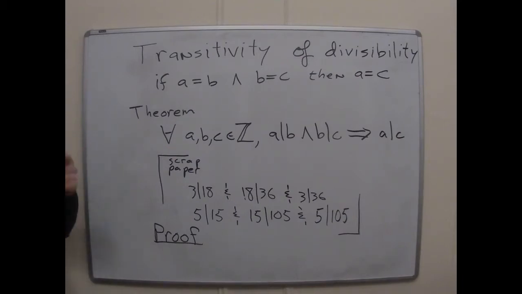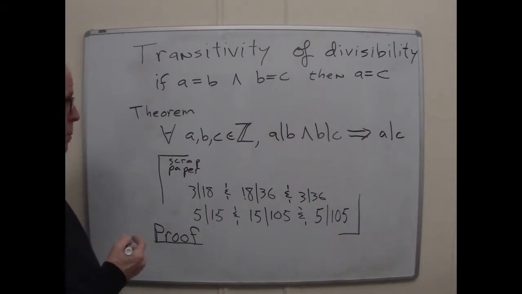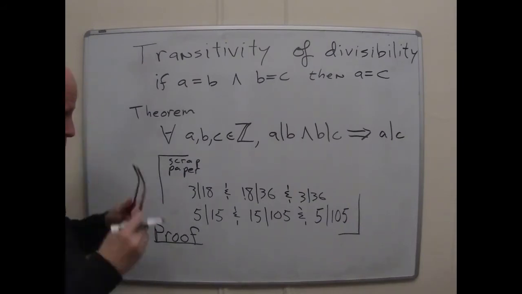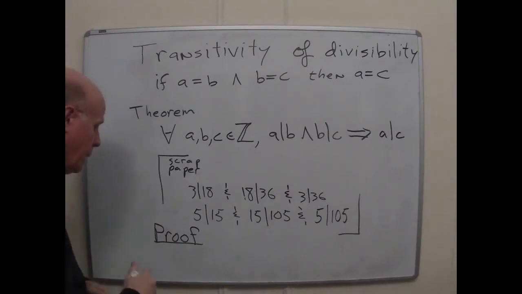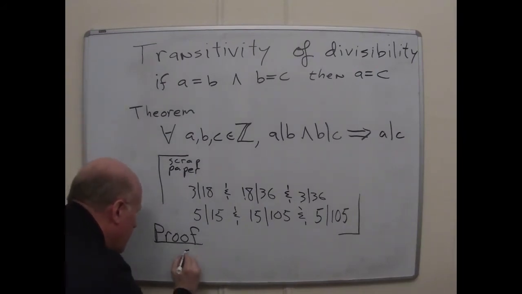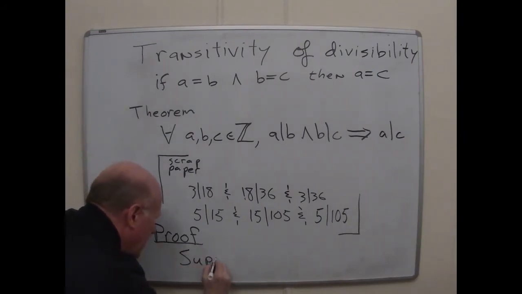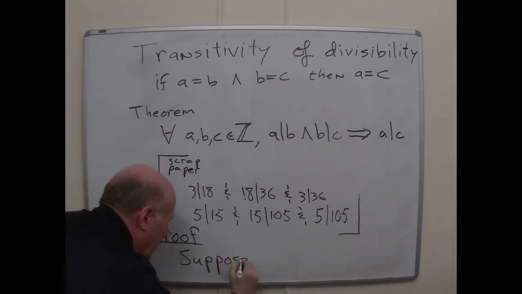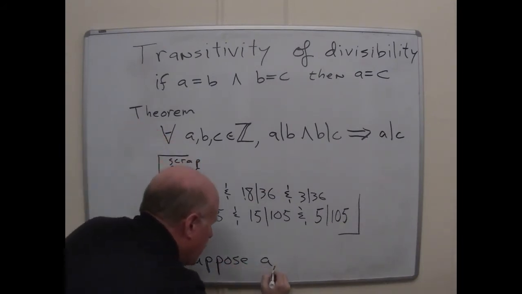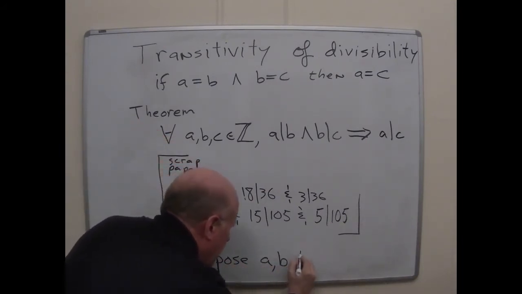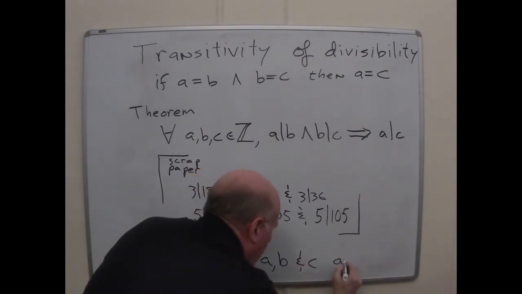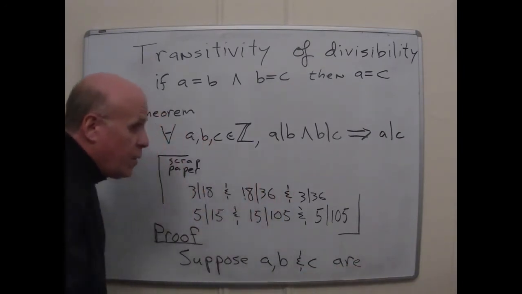So what's the first line of a proof about this thing going to be? Well, it's a direct proof we're after, and the first line is always something we can write down. It's: suppose A, B, and C are, what's the phrase?